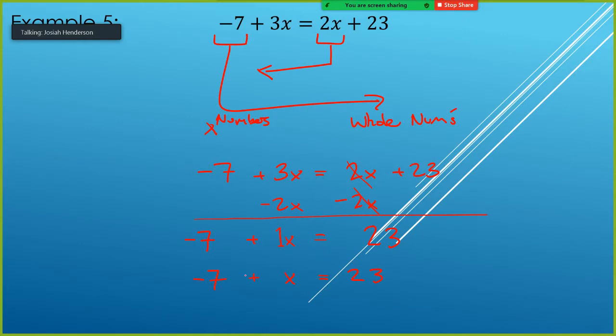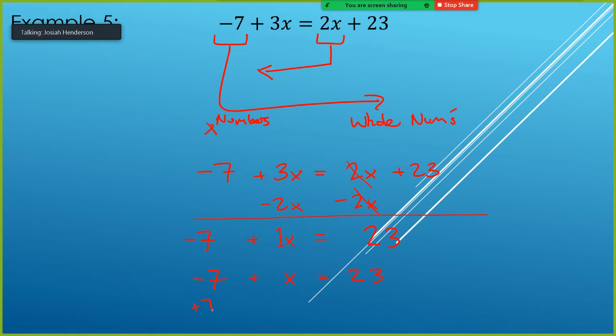Now, I said to always do the opposite of what's happening to the variable. So if this is being added to negative 7, what would be the opposite of that I want to counteract that negative 7 with? A positive 7. I want to crash positive 7 into that negative 7.